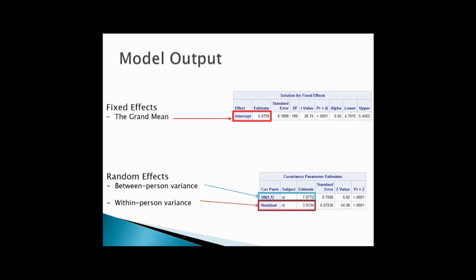And then if we go to the random effects portion of our output, which in SAS is called the covariance parameter estimates table, we'll see that we get a between person variance, which is marked by this UN(1,1) covariance parameter. I'll talk a little more about what that means on a future slide. And then we also get the within person variance, which is marked with the residual.